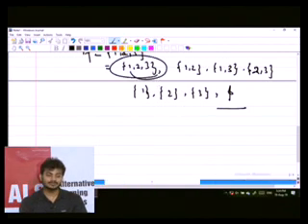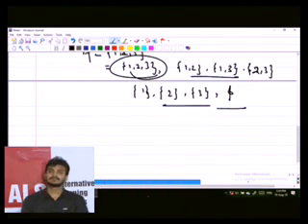Definitely {1, 2, 3} is a subset, but it is not a proper subset. These others are all proper subsets.